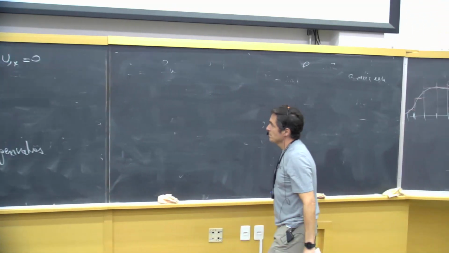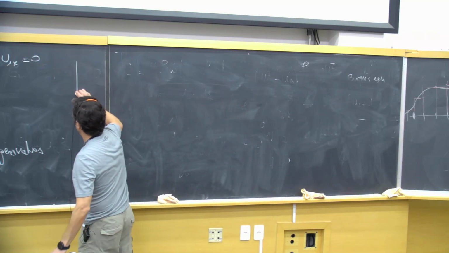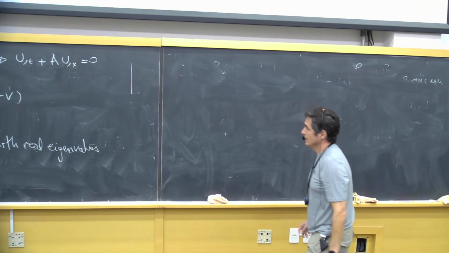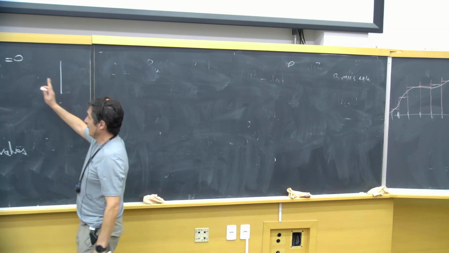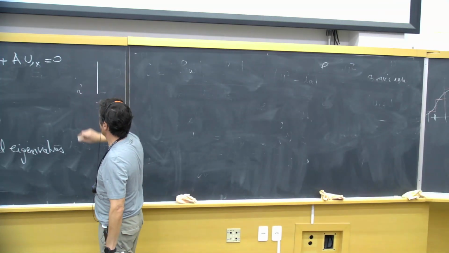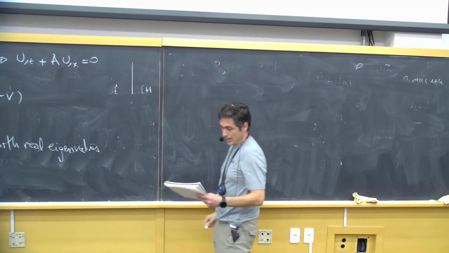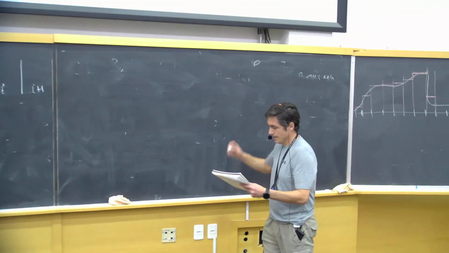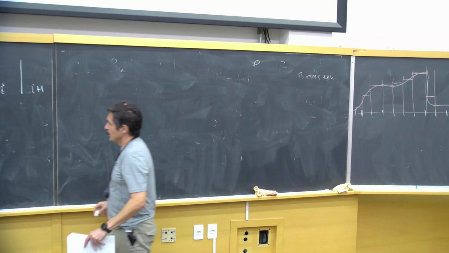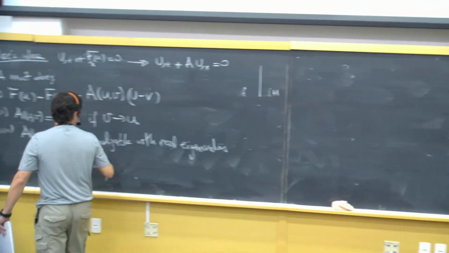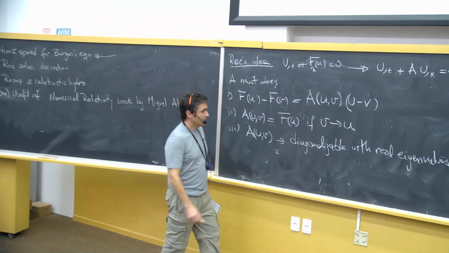So let's take now an interface, whatever that is. Let's imagine that the cell to the left of that interface is labeled I, and to the right of it is labeled I plus 1. Let's imagine that A is diagonalizable with real eigenvalues.